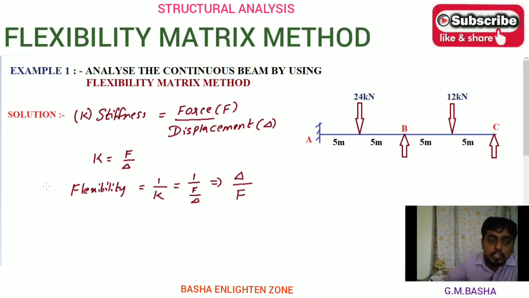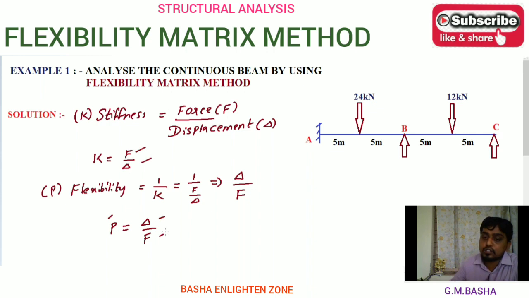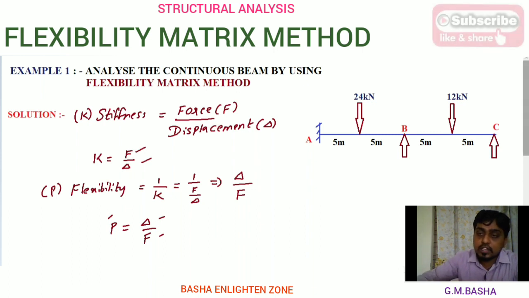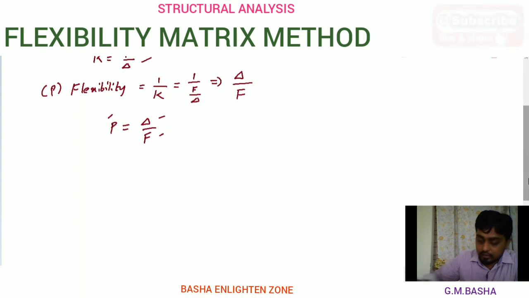You can denote flexibility with P or any other symbol. Therefore P will be equal to delta by F. So stiffness is force per unit displacement, flexibility is displacement per unit force, just the inverse of the stiffness. Please remember these two formulas. Based on these formulas we will simplify this equation.